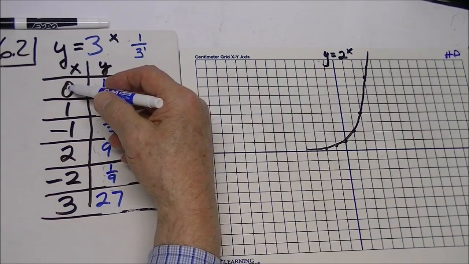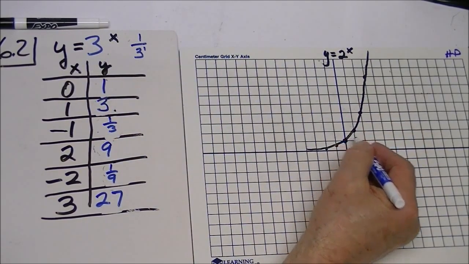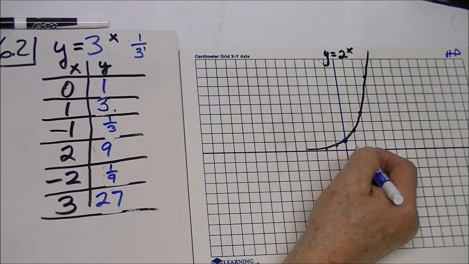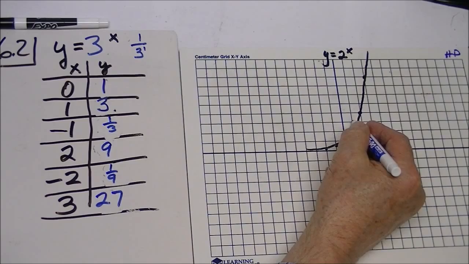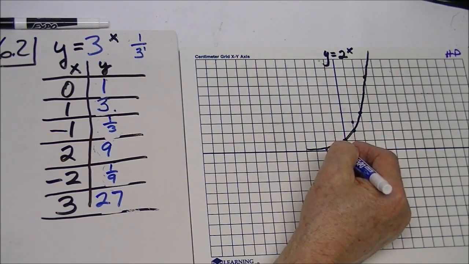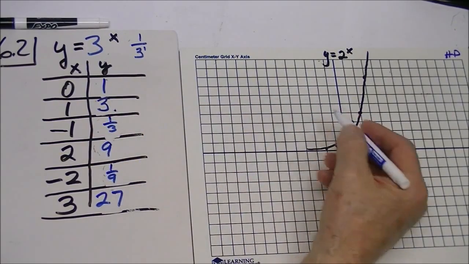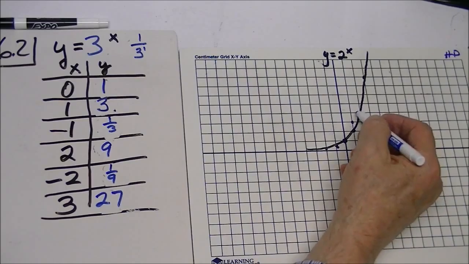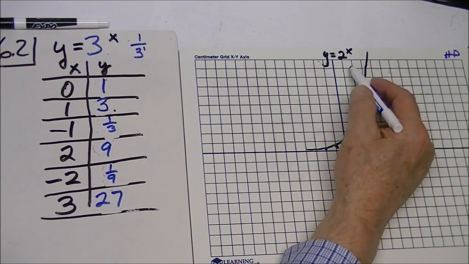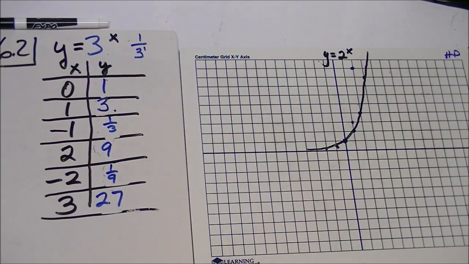Now, 3 to the 0 power in any of these always goes through 1 here. But now if x is 1, this goes up here to a 3. And this goes down here to 1/3. And if x is 2, this goes up to 9. So 4, 5, 6, 7, 8, 9. And we now get this curve.